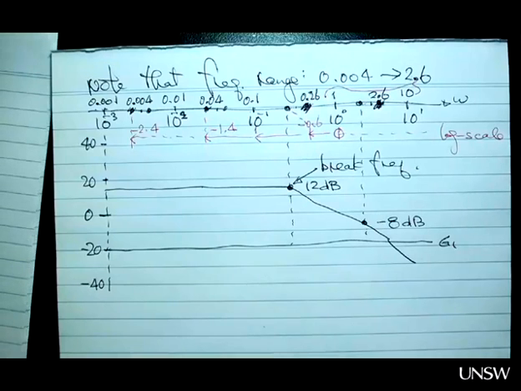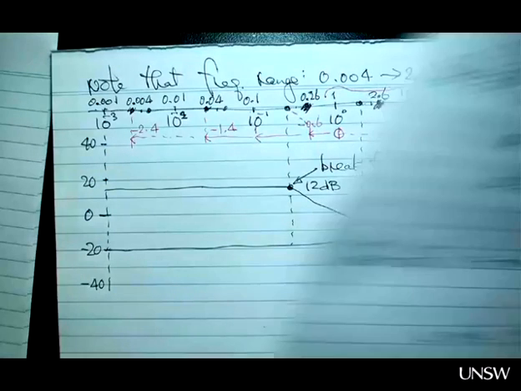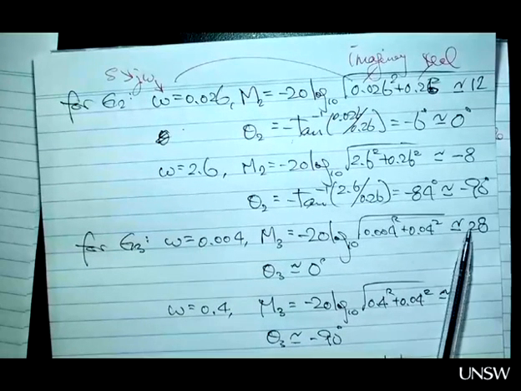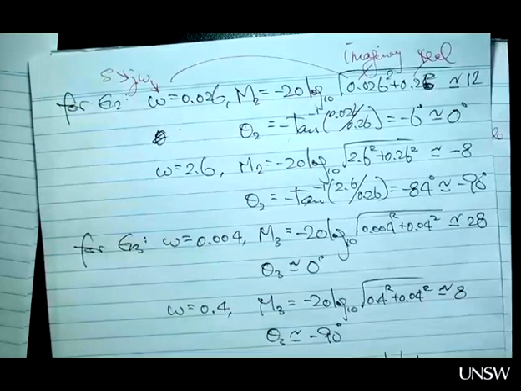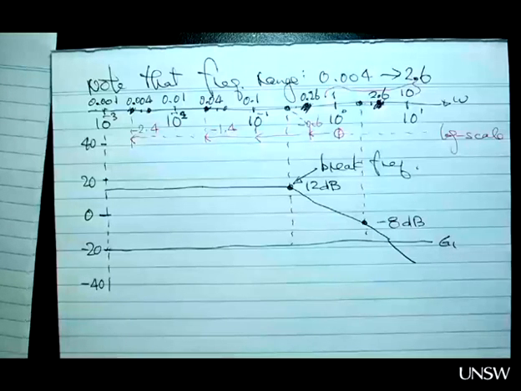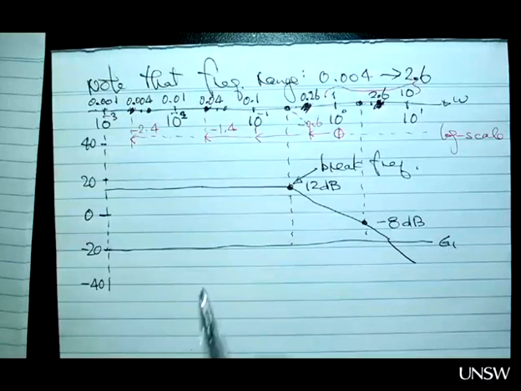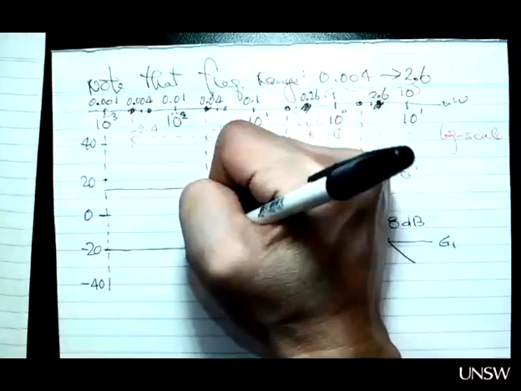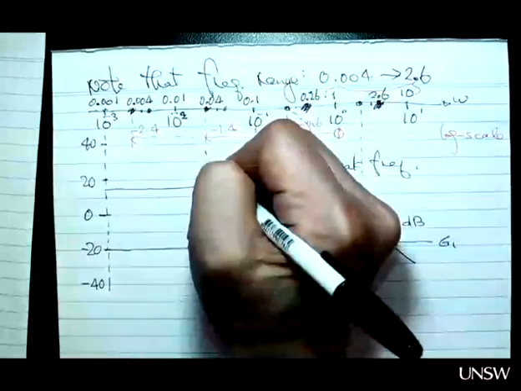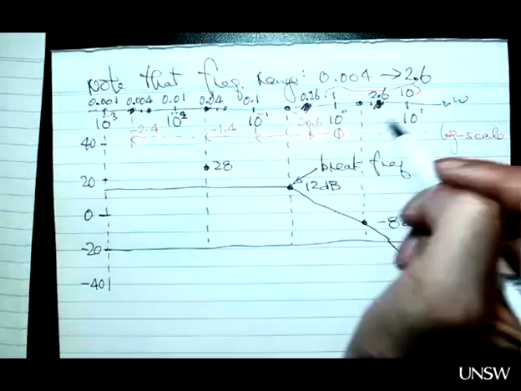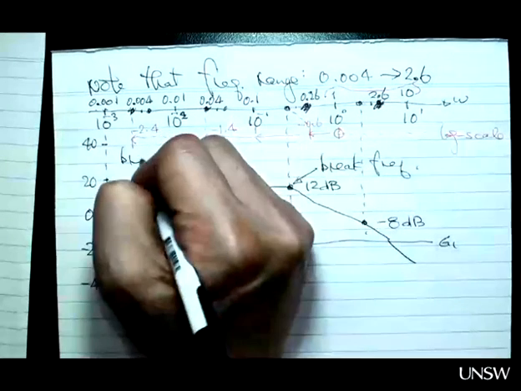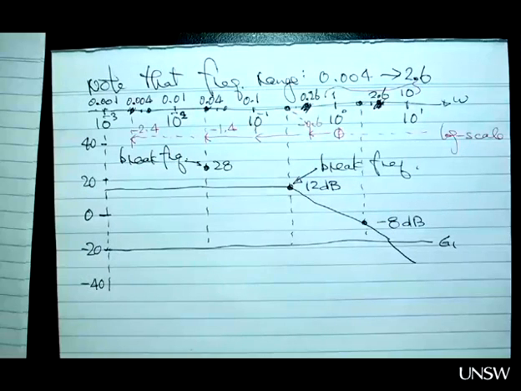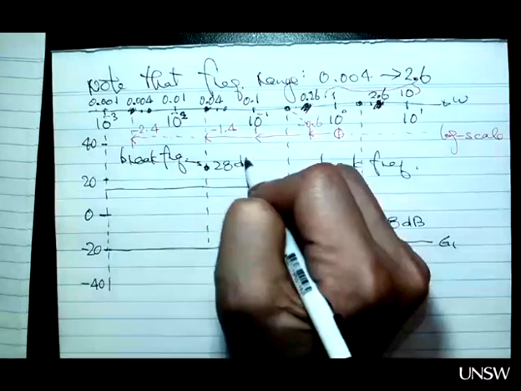And then for the other term, for this term, we have 28 and 8. The break frequency is this one. And then 28 is somewhere here. So this is the break frequency. And below the break frequency is always a straight line.